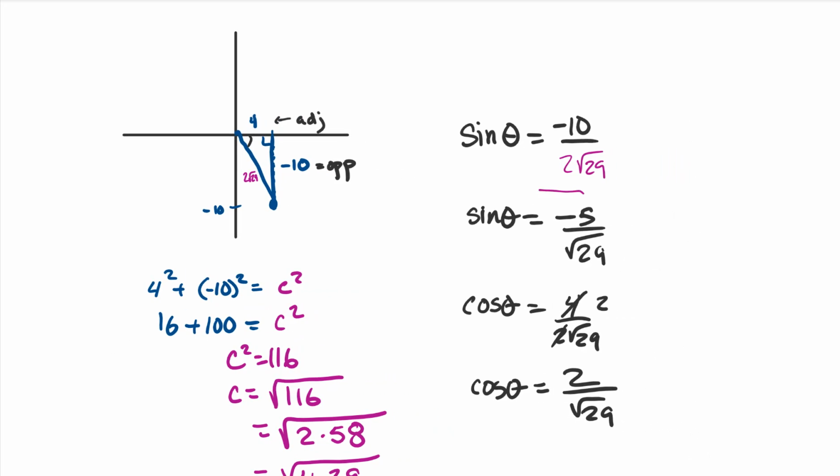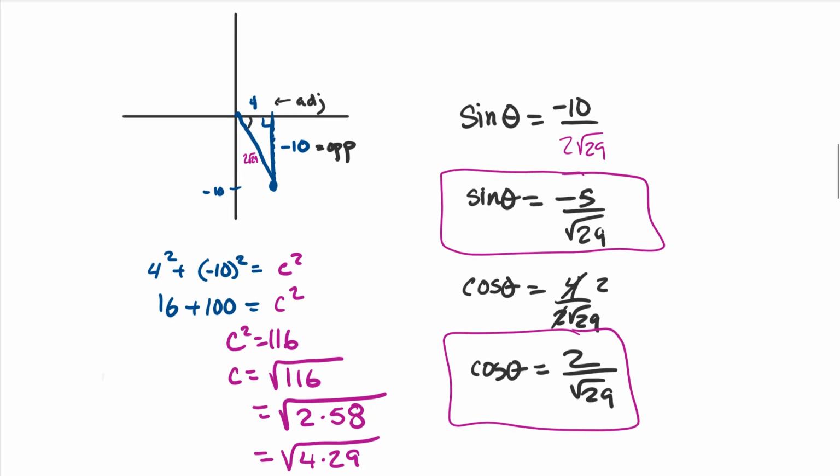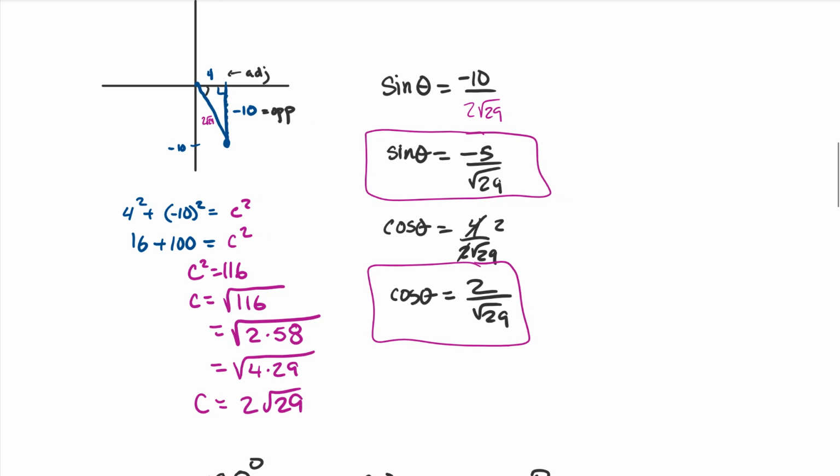We've got sine, there's cosine, and now with some speed, we're going to go get tangent. But I'm going to cheat. I'm not even going to look at the triangle. I'm just going to look at this: -5 over +2. It's already reduced down. It's absolutely beautiful. So there's sine, cosine, and tangent. Now let's go get the rest.